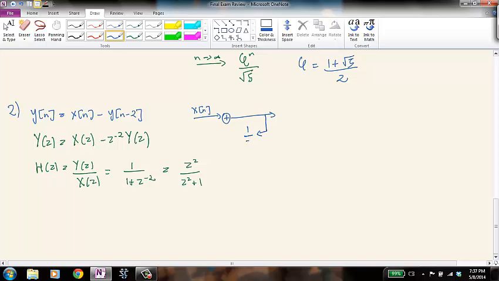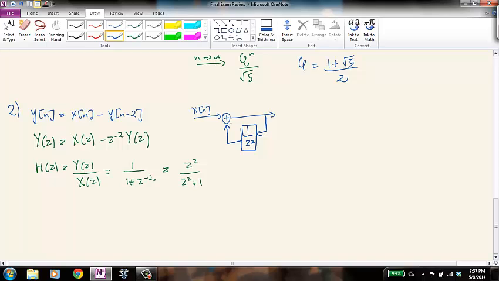Some people write that as 1 over z squared because delaying is 1 over z. This is pretty common notation to write 1 over z squared for 2 delays. And then you add it back into x of n.